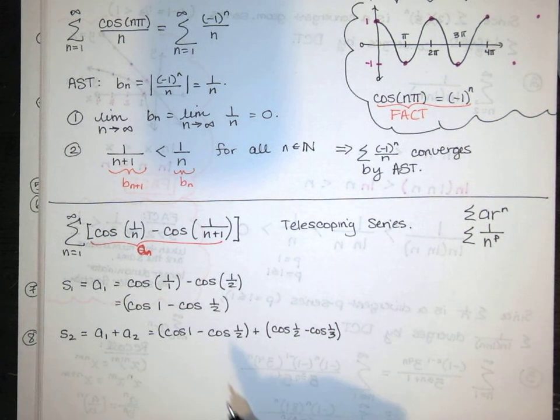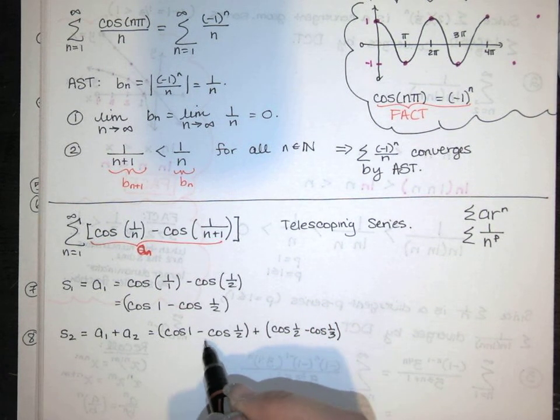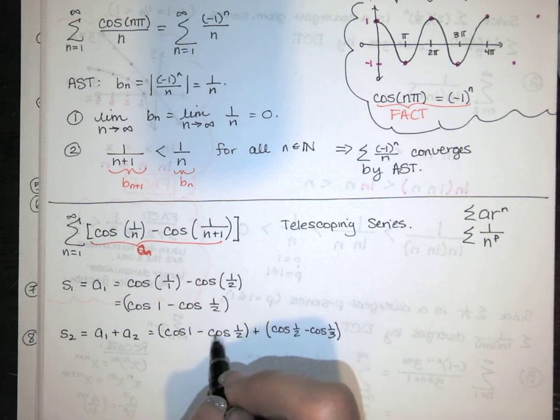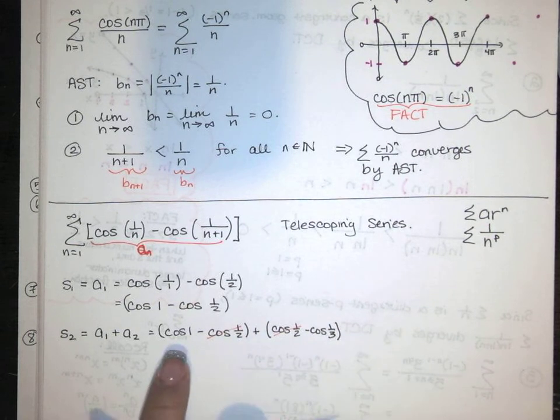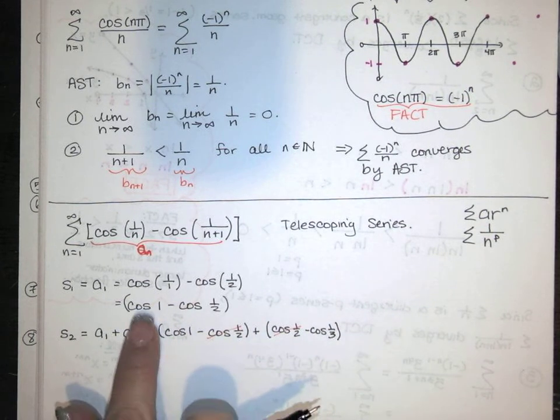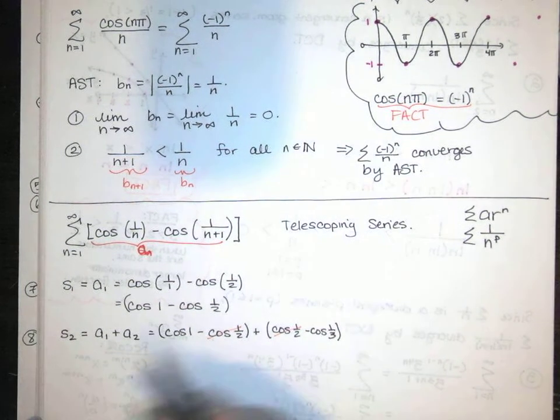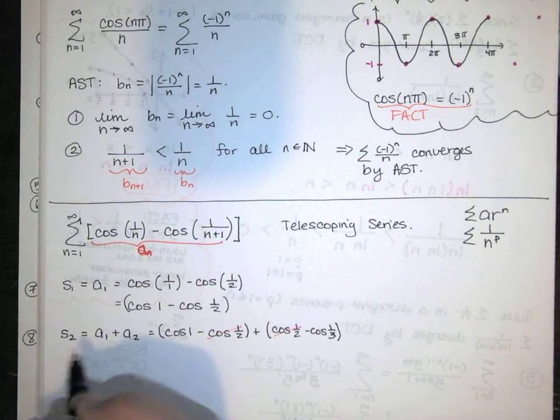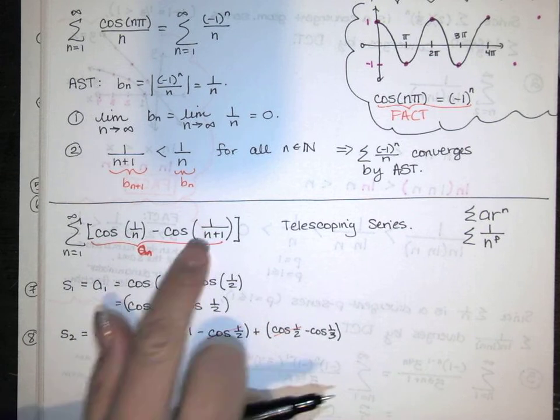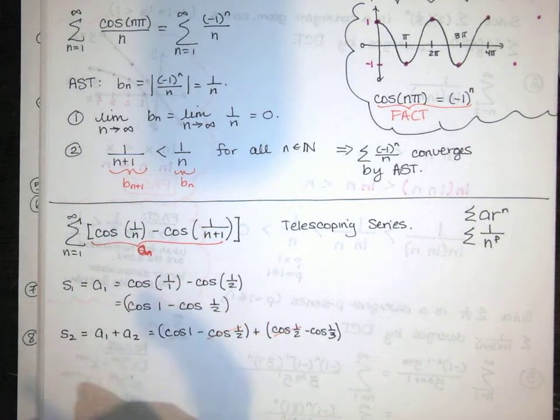Notice what happens: the negative cosine of 1/2 and the positive cosine of 1/2 cancel, and you just end up with two terms again. We had two terms here, and then two terms after cancellation. That's what happens with telescoping series whenever those functions are the same but with opposite signs, and you have the n and the n plus k.